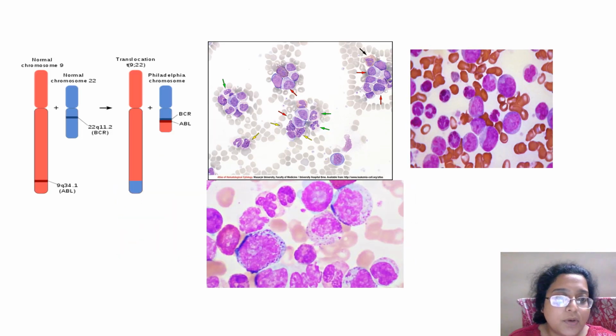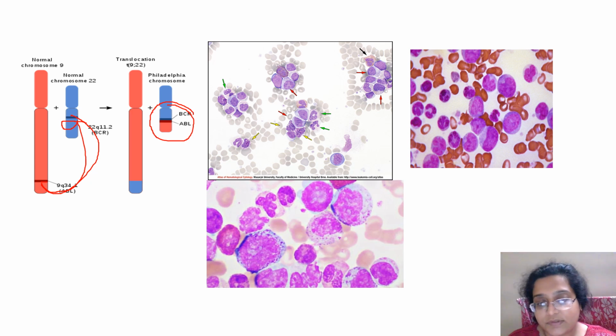Again, just to show you what happens, you see a 9q and a 22q11 and BCR. I have been saying 911, I think it's 922, I'm sorry. Fine. So what happens is this piece goes over here and this piece goes over here, and this kind of a Philadelphia chromosome is created over here and over here, and this is known as translocation 9;22.